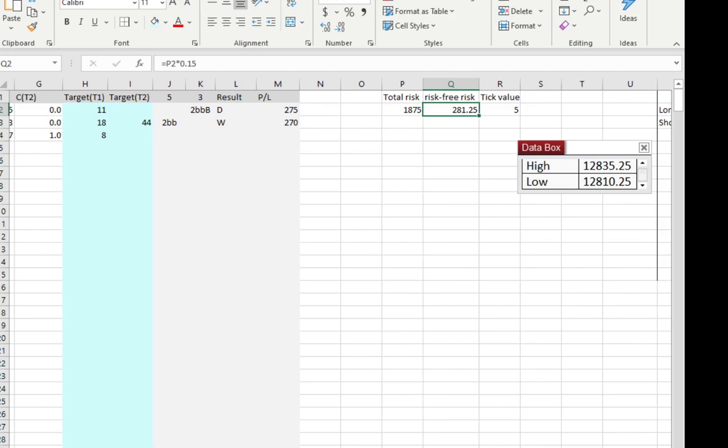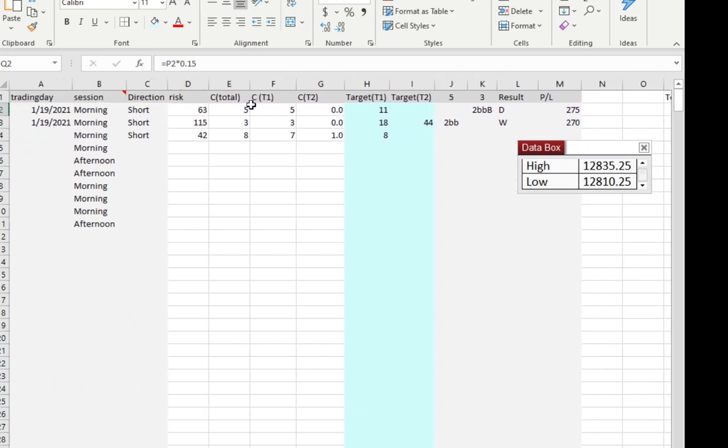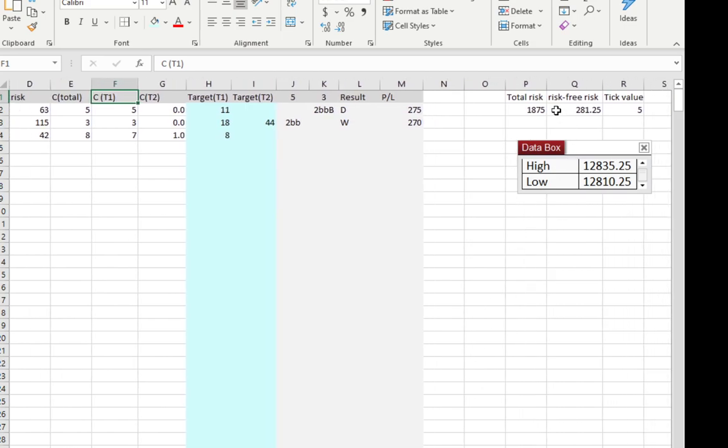I'm making $280 in my target 1, which just so happens to be, using this algorithm here, my target 2 is 280, or my risk total after these 8 ticks is hit is $280.